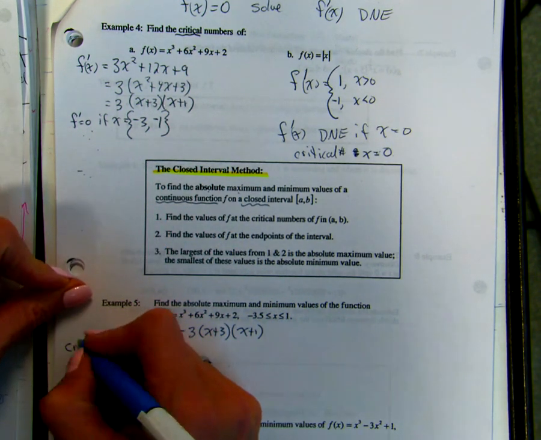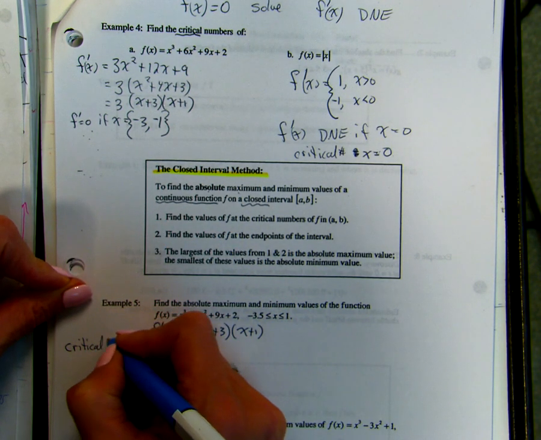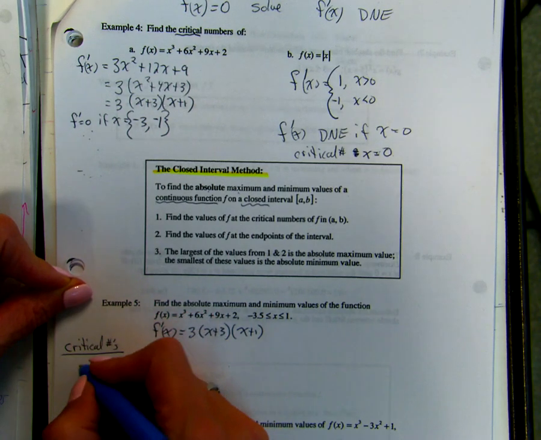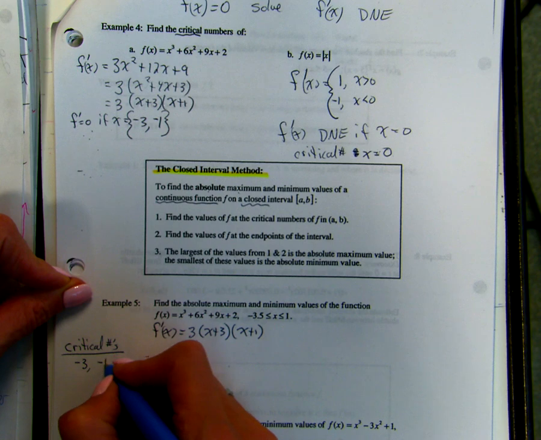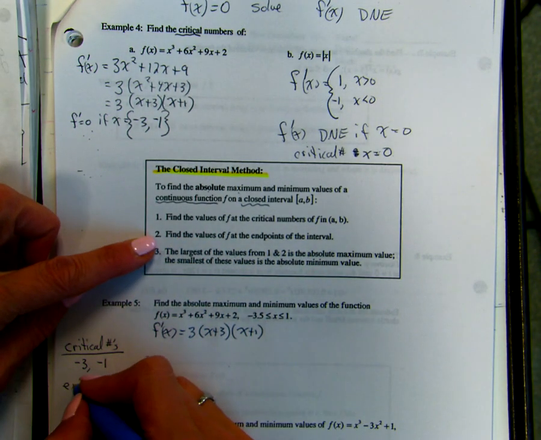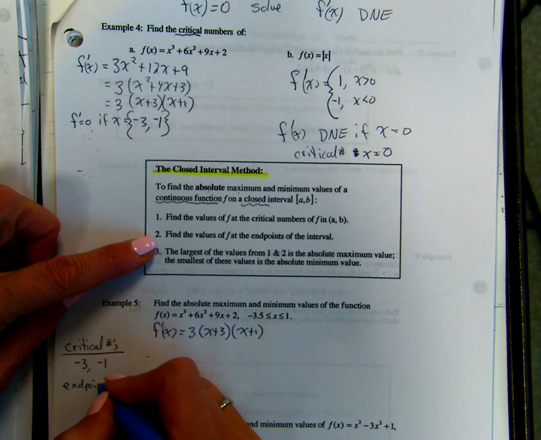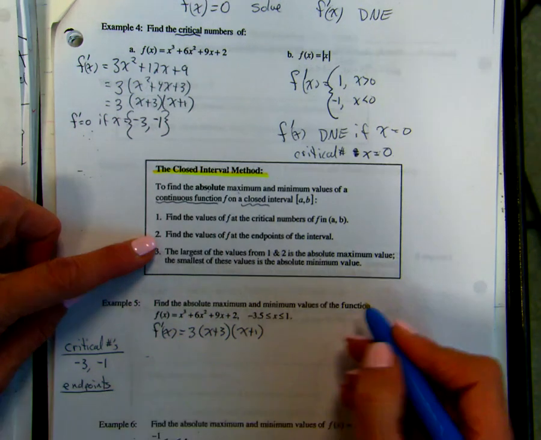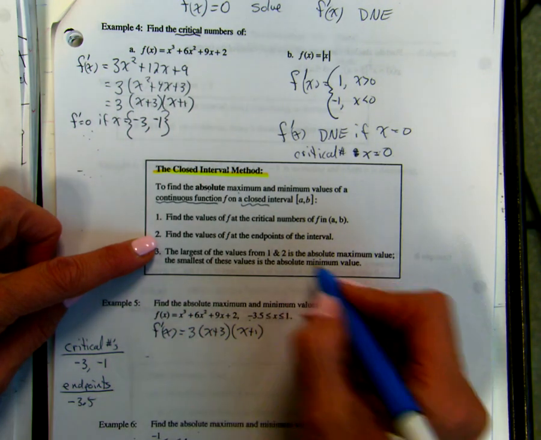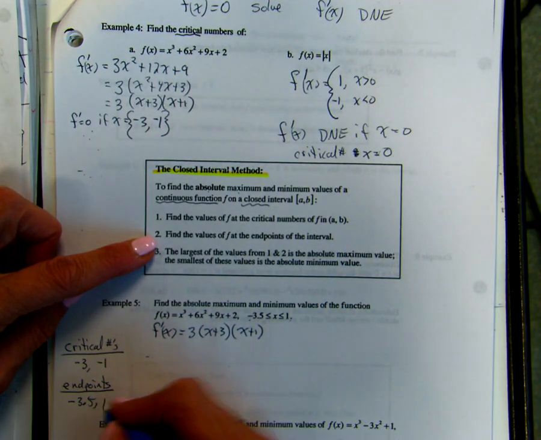So I'm just going to list them. They were at negative 3, negative 1. Then we need to find the values of the function at the endpoints. So the endpoints of that closed interval, negative 3.5 and positive 1.